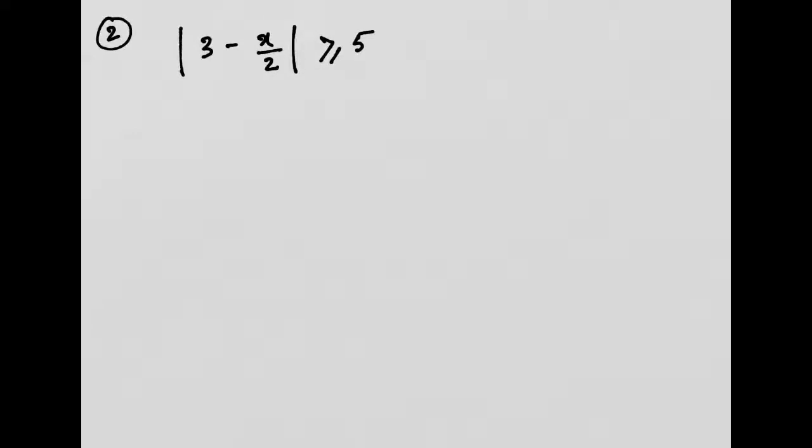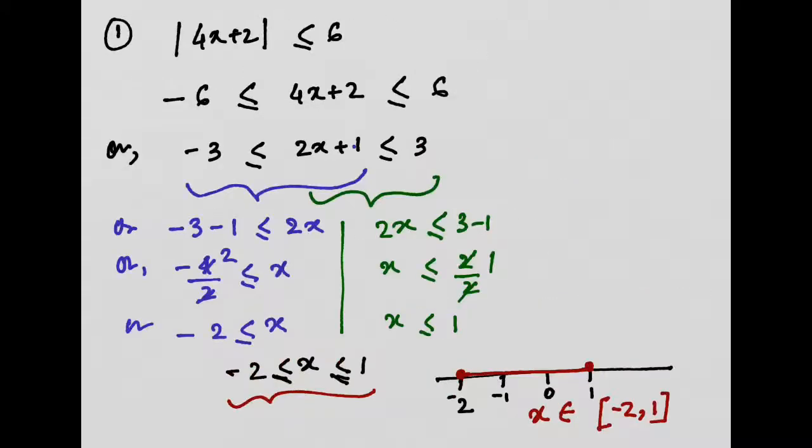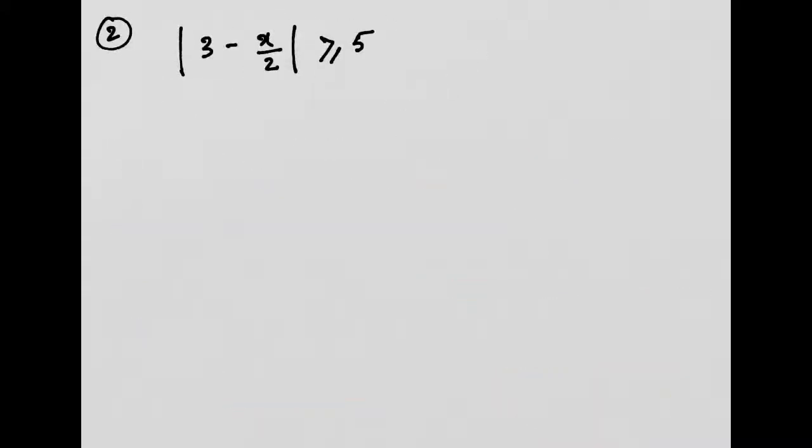Okay, so getting this example again, this situation puts us in the condition that mod x greater than a. For that I know that x is either less than minus a or greater than a. So I have 2 cases: 3 minus x by 2 less than or equal to minus 5, and in the second case 3 minus x by 2 greater than or equal to 5.